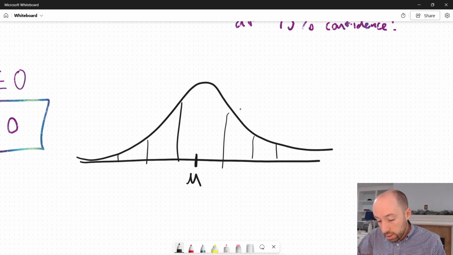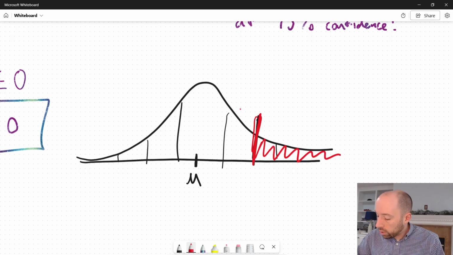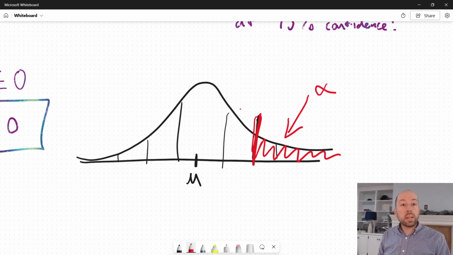I'm going to need to see things, if it's 1.96 or if it's 2.58 or whatever the critical value is. Let's say this is your magical critical value. I want this shaded in region here to be alpha, the probability that I accidentally reject the null hypothesis.